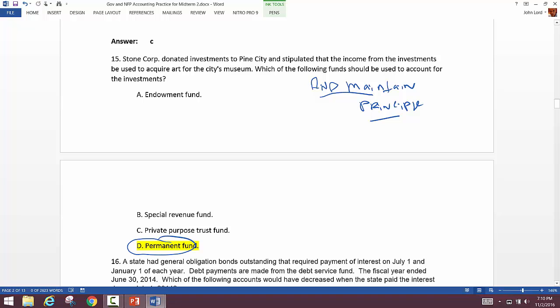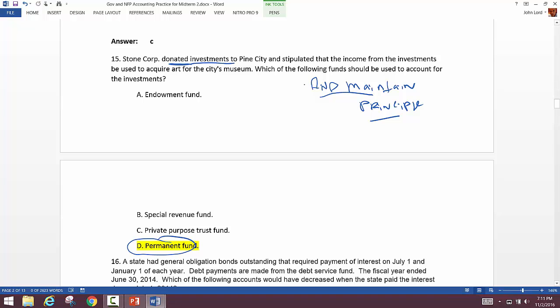Now I look at the rest of these. Yeah, this is problematic. Well, no, because it was donated, and a special revenue fund doesn't get its money from donations. It gets it from revenue. But this could kind of be private purpose, right? To a certain extent. So I don't know.